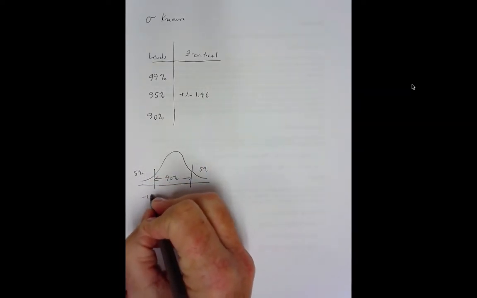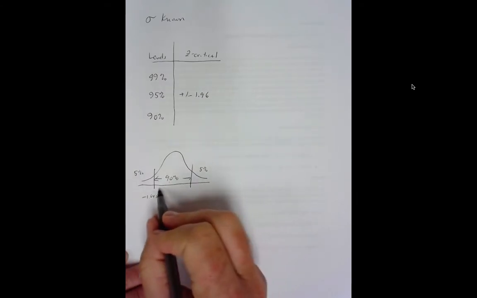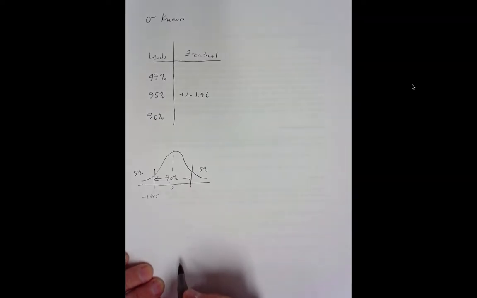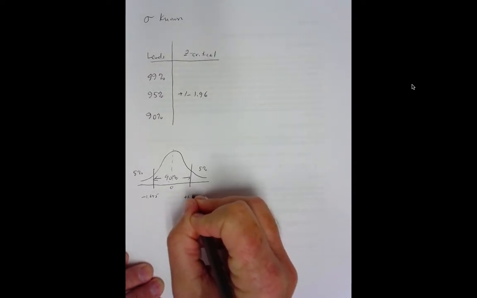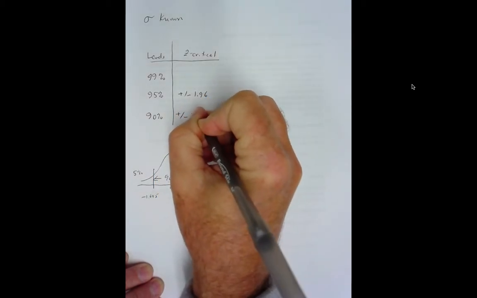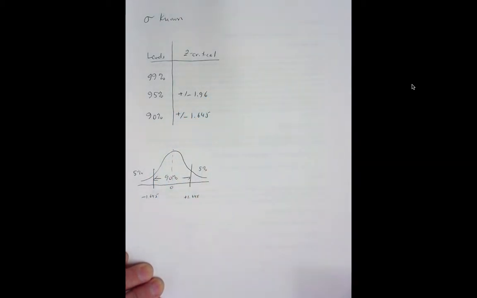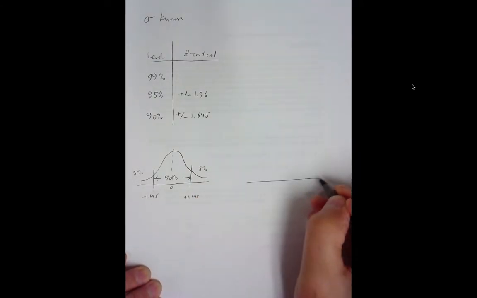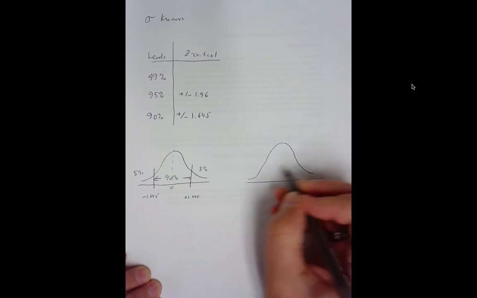So I'm going to go negative 1.645. And again, by symmetry, because we know the mean of the standard normal distribution is 0, this is going to be 1.645. So plus or minus 1.645.